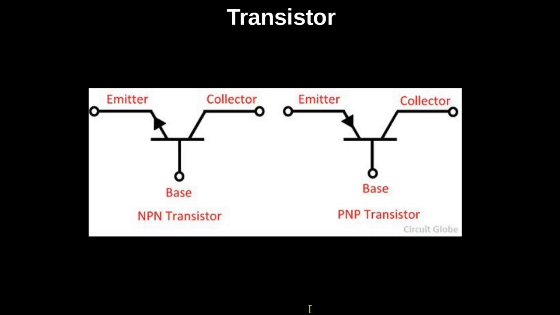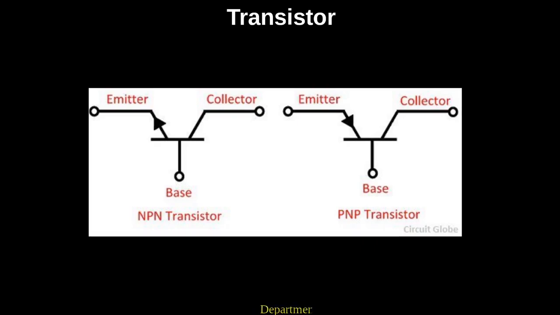Its main function is to remove the majority charge carriers from its junction with the base. The collector section of the transistor is moderately doped but larger in size so that it can collect most of the charge carriers supplied by the emitter.